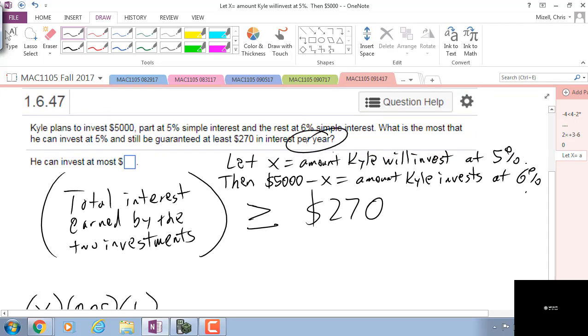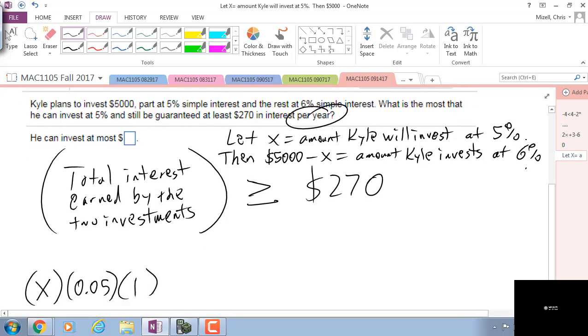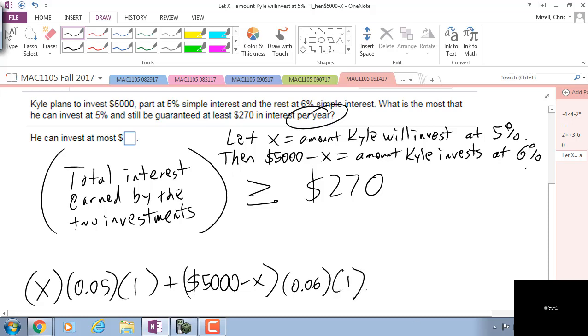Per year. $270 per year, so 1 year is what we're working on. Plus interest earned by the 6% investment. That's going to be $5,000 minus X, that's the principal, to be invested at 6%, multiplied by the 6% interest rate, 0.06 when converted to a decimal, and then multiplied by the number of years, again, per year, 1 year.